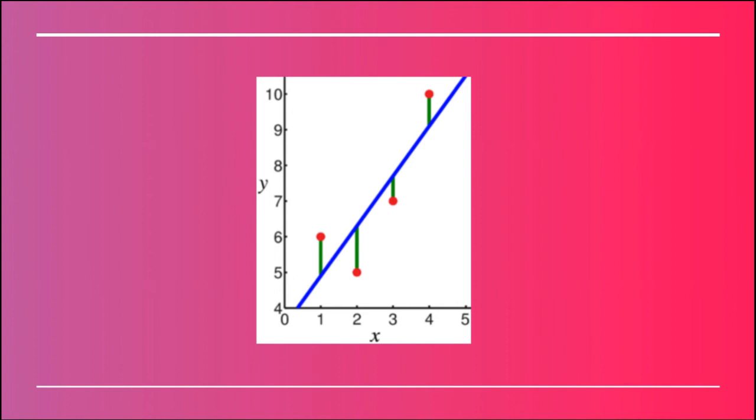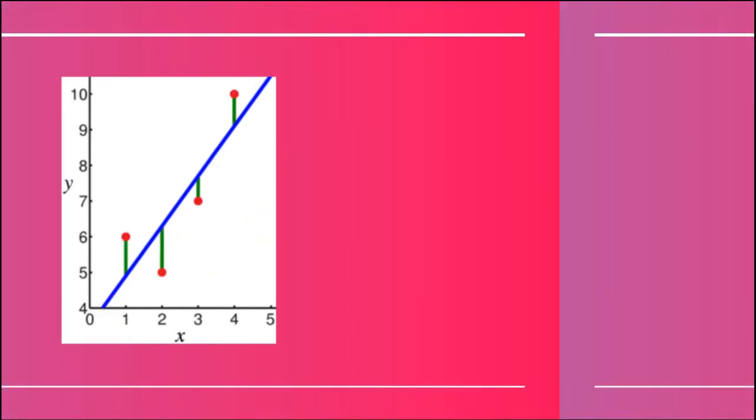For example, we have 4 data points in red color and we want to draw a line between them to have the smallest distance between them. So we must use simple linear regression to solve this problem and find beta 1 and beta 0 for this line.